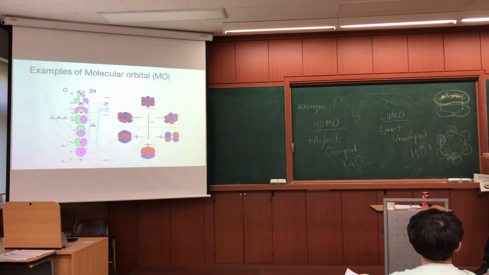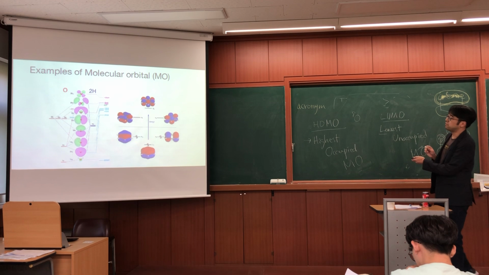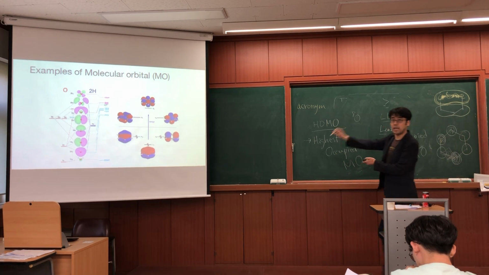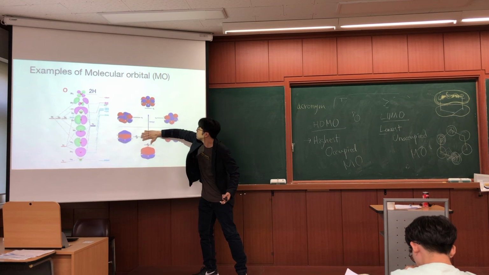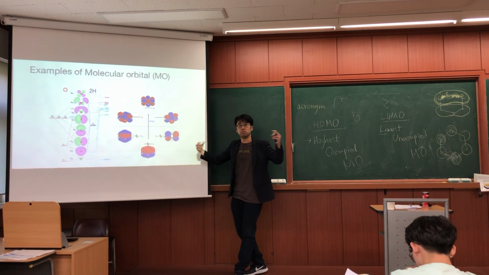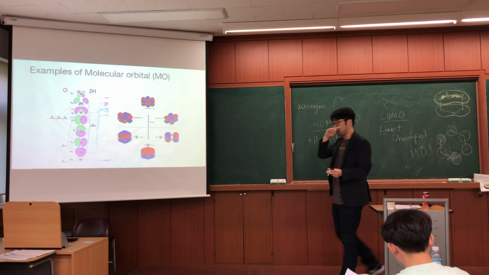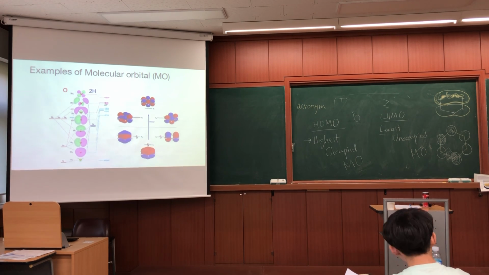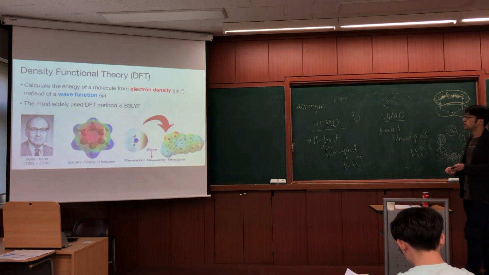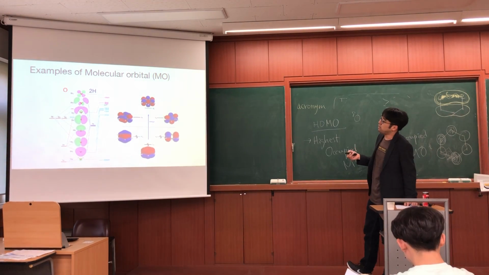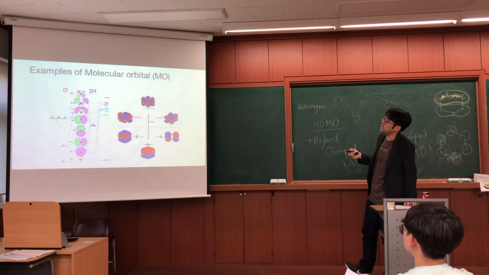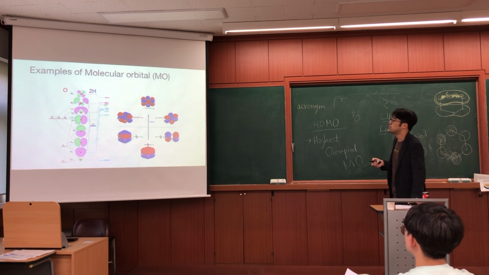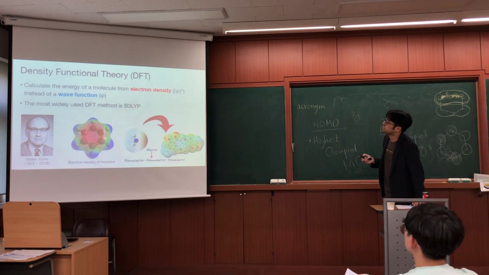But in the high energy orbitals, they are just placed around the nucleus, so they don't help to get a bond formed. So if we give some high energy to a molecule, then an electron moves from here to here, which means they don't like to be bonded. So if we give high energy to a molecule, then the molecule becomes broken out and they are separated, right? By running Gaussian calculations, we're going to obtain these pictures during the practice session.